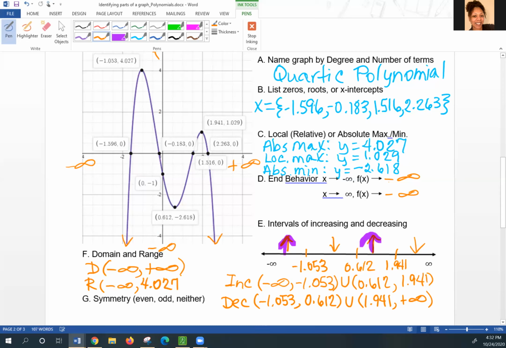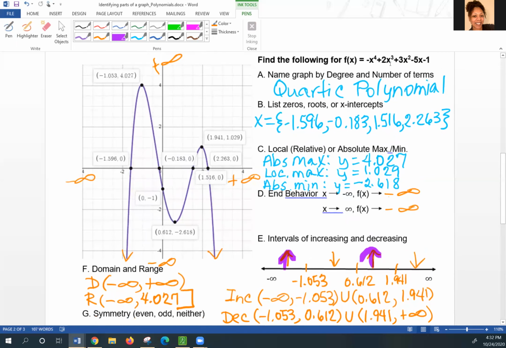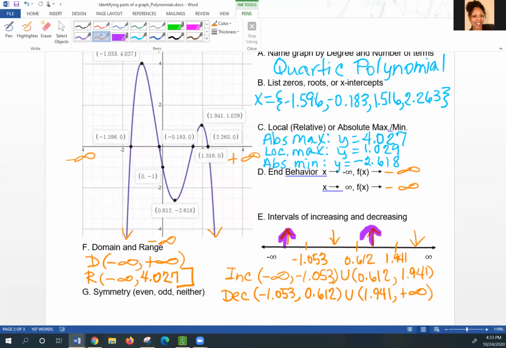It's restricted, so I'm going to use the notation that tells it has to end there. It can't go any further. And then finally, the same thing with the symmetry. I'm going to look at whether or not my exponents are all even, whether they're all odd, or if it's a mixture. In this case, it's a mixture, which means that symmetry is going to be neither.